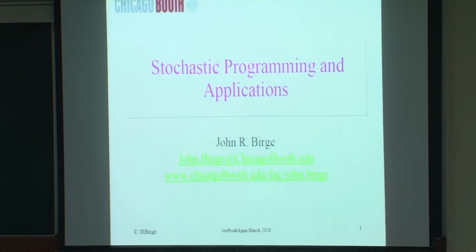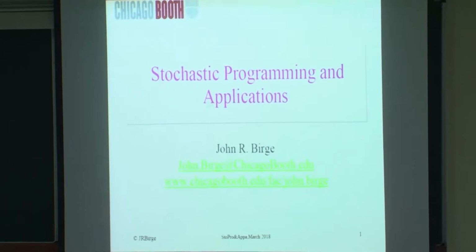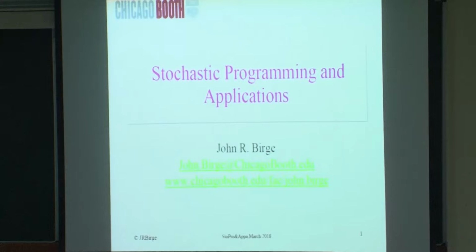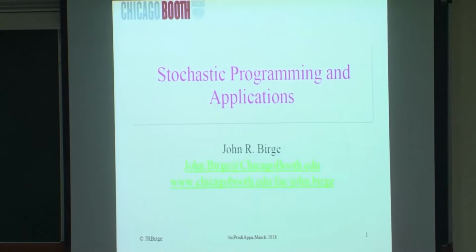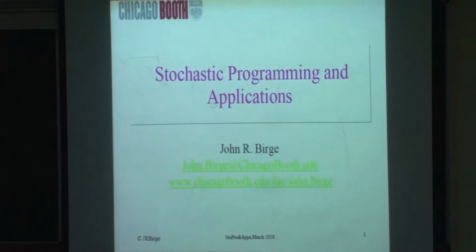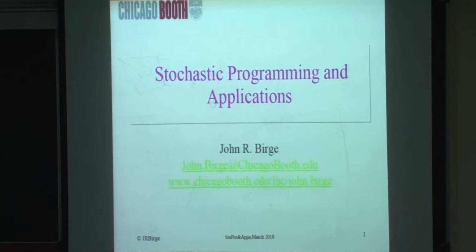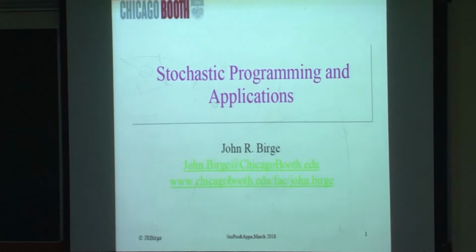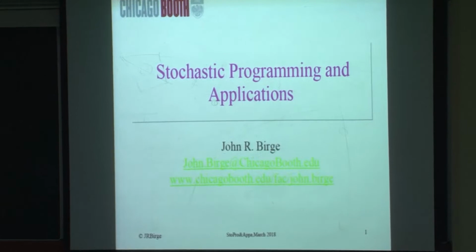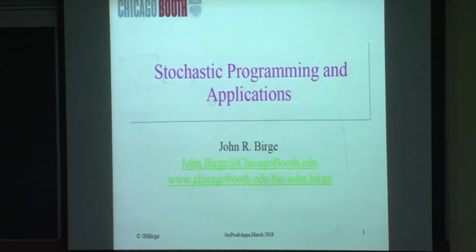So the kinds of things that come up when you're solving optimization problems under uncertainty, and you want to estimate things like how likely it is that you're optimal or how likely it is that you're far from optimal. Those are the kinds of things where it's useful to use techniques from probability theory.